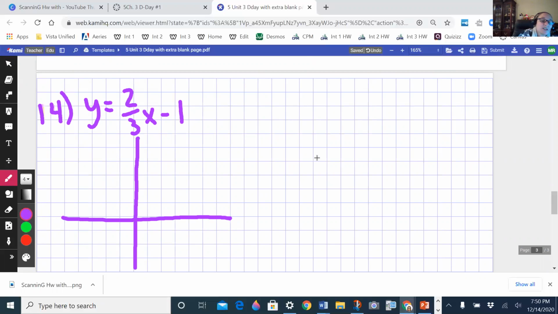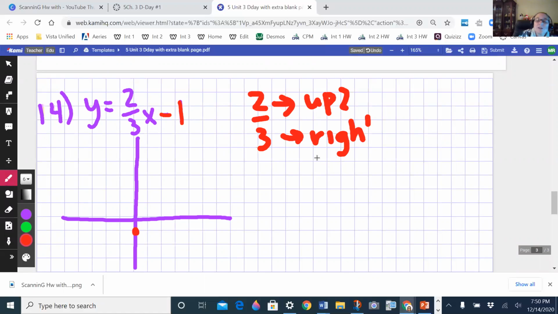my y-intercept is this minus 1. So that means I'm going to be starting down here at (0, -1). My slope is 2/3, and what 2/3 means is up 2, right 3.